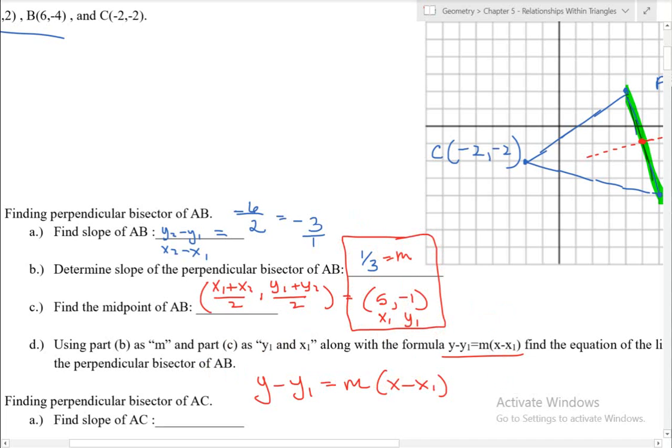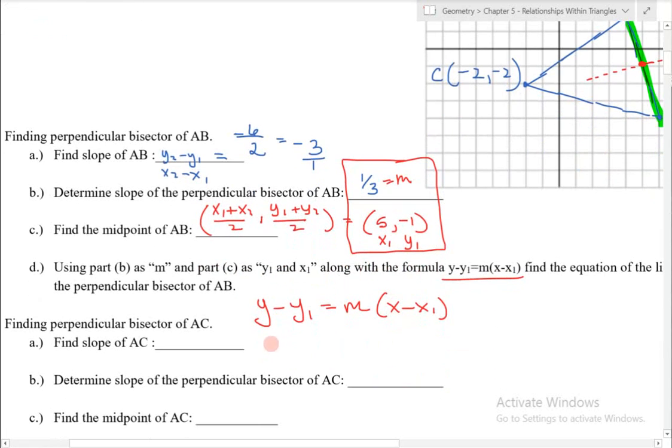Okay, so it's going to be Y minus -1. So that's your Y1. Slope is 1/3. And it's going to be X minus 5. I'm going to solve for Y, so it becomes Y equals 1/3 X minus 5/3 minus my 1.